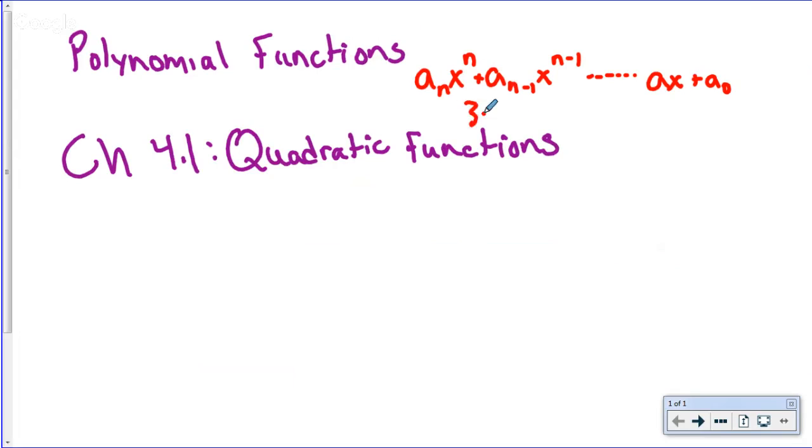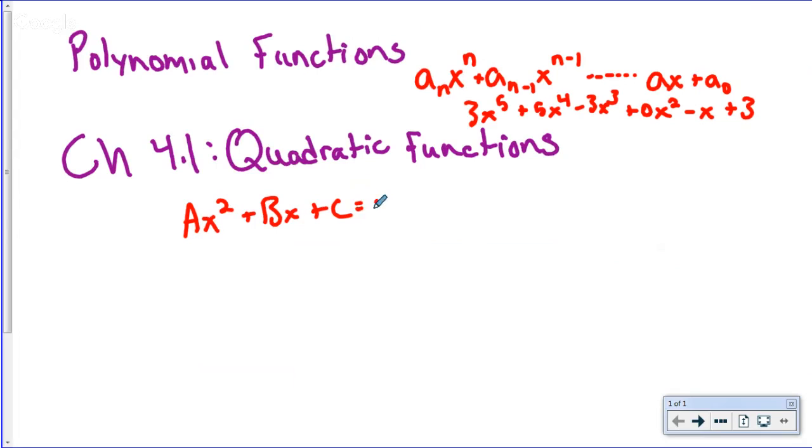So like 3x to the 5th plus 5x to the 4th minus 3x to the 3rd plus 0x squared minus x plus 3. Okay, that's a polynomial. So just some simple equation with x's and variables. Now a quadratic function is in the form ax squared plus bx plus c equals 0.